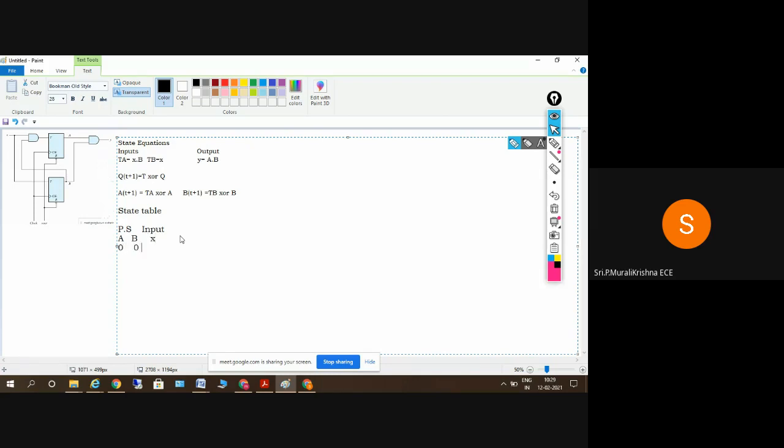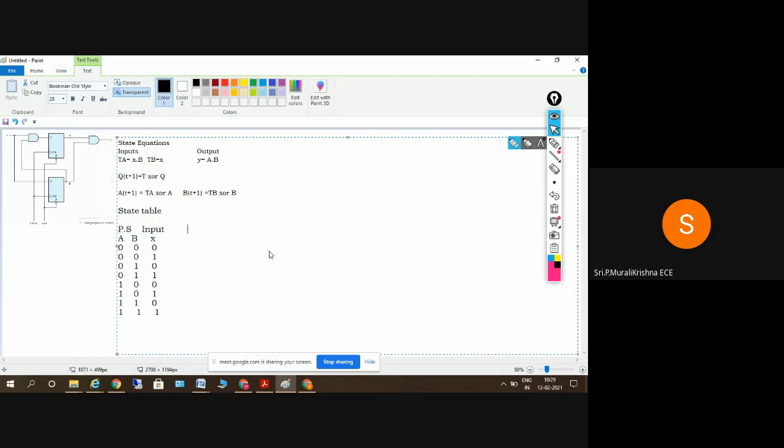Write the values from 0 0. These are the values of present state and inputs here.